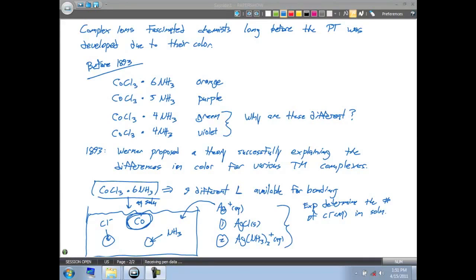And what we find is that there are 3 equivalents of Cl minus ions in solution, and there's 0 NH3 in solution. So this can tell us a lot about the identity of what that complex ion is.